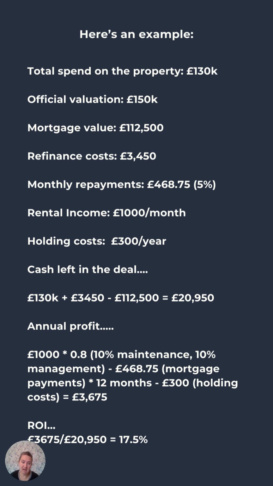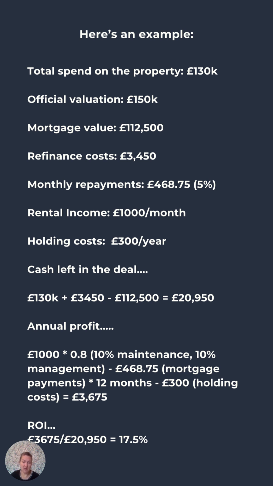Then we calculate your annual profit. So it rents out at £1,000 a month, but we're going to take off 10% of that for maintenance and 10% of that for management, leaving us with £800 per month, minus your mortgage at £468.75. Then we multiply that out by 12 because you're going to get that every month.